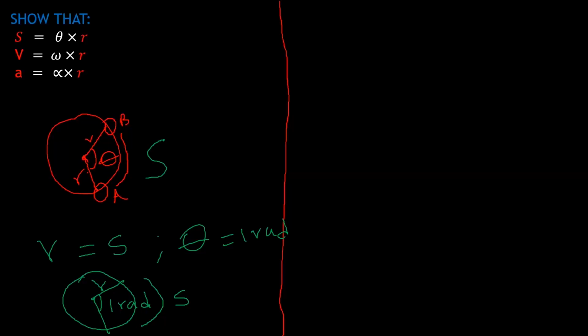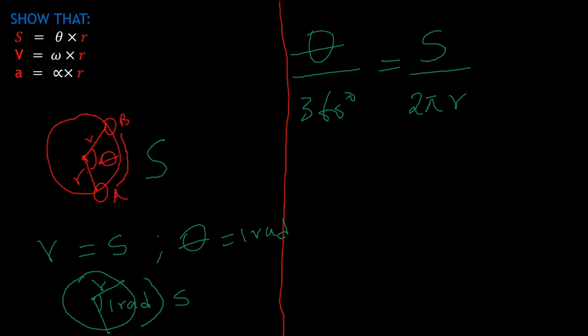Now, if we take the ratio of theta, the angular displacement, and equate it to the linear displacement, or AB, which we have also called S, then we'll get that theta all over 360 degrees is equal to S all over 2 pi R. Yes, because AB is part of the circumference.